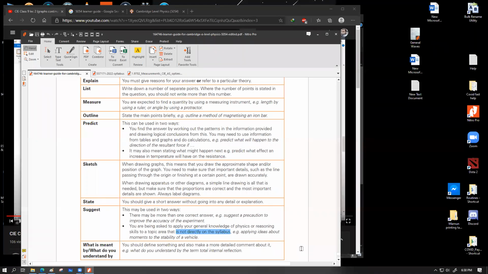Can we just segregate the problem into different parts and try solving them separately? You definitely can, provided that you do have the know-how in your brain. Something that is, as this option says, not directly in the syllabus, which means it might be there indirectly.